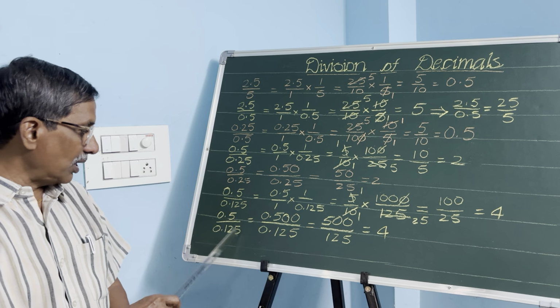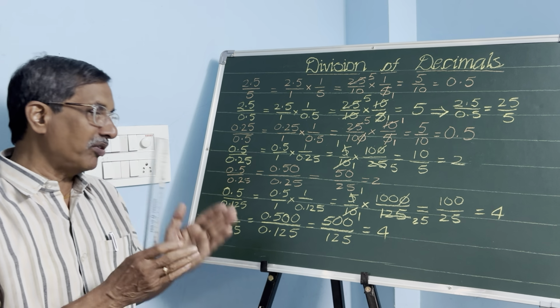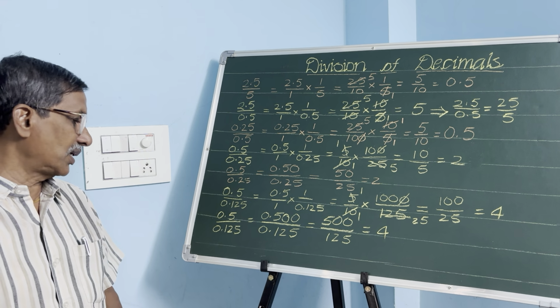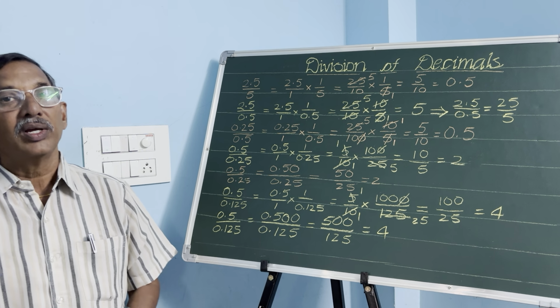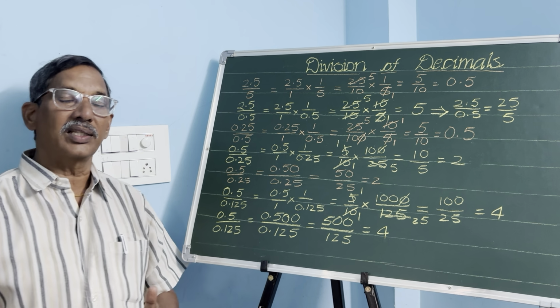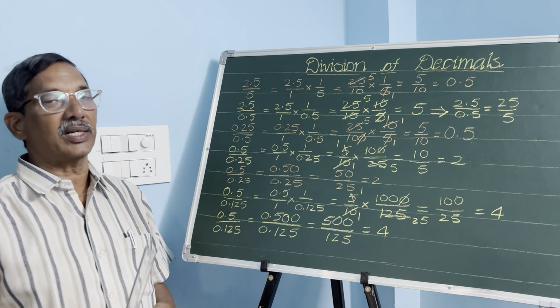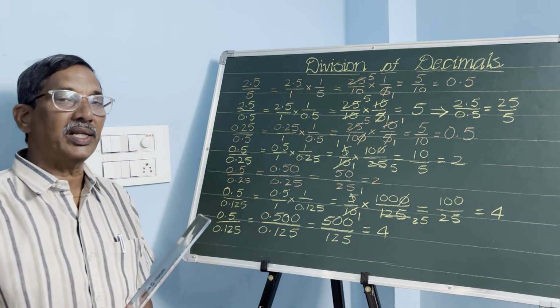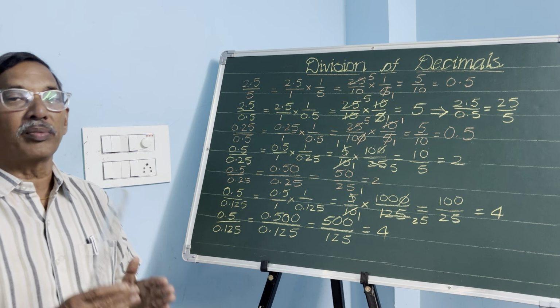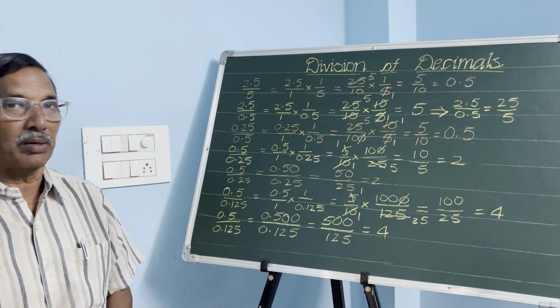Coming to the last one, in the same way, we will discuss the same example in other terms. 0.5 by 0.125. To equalize the number of decimals in the numerator and the denominator, since the denominator has 3 decimal points, we make the numerator 3 decimal points.